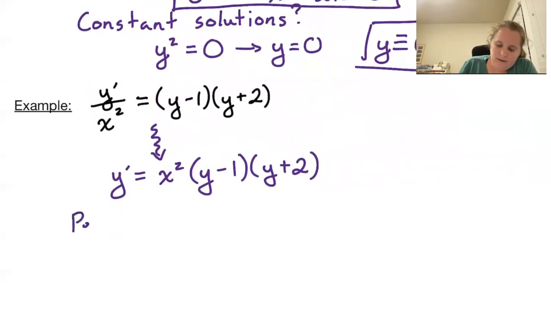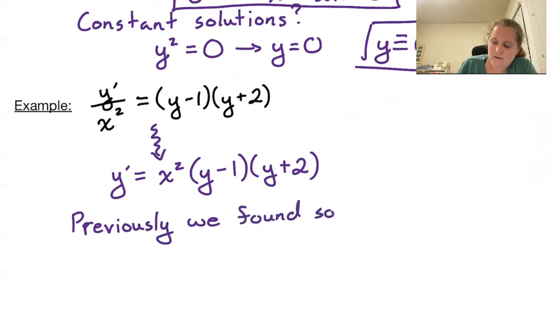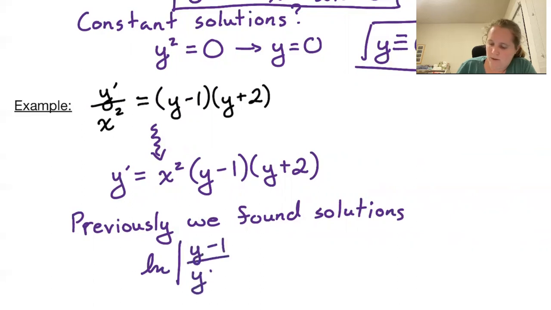Previously, we found solutions of the form natural log of the absolute value of y minus 1 over y plus 2 is equal to x cubed plus c.